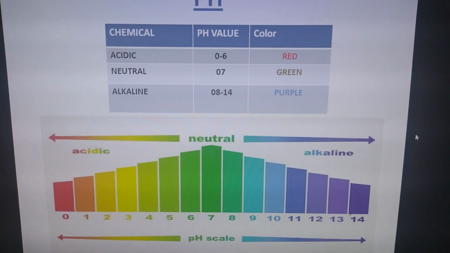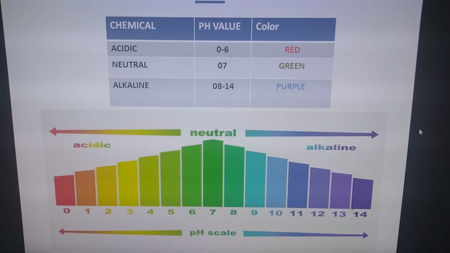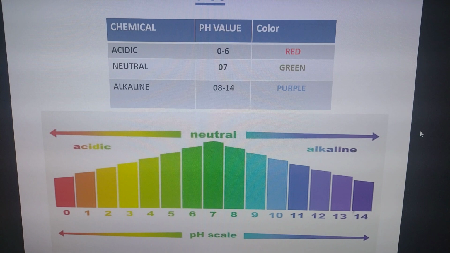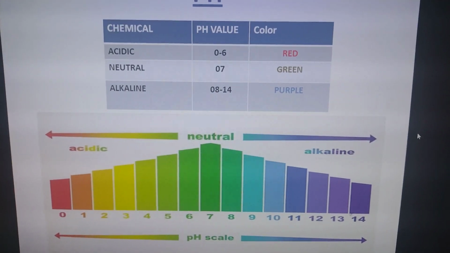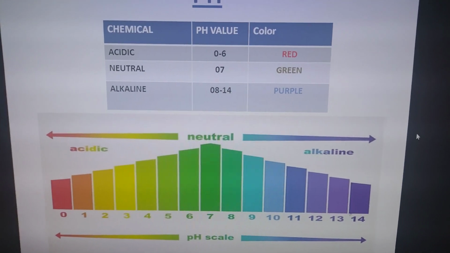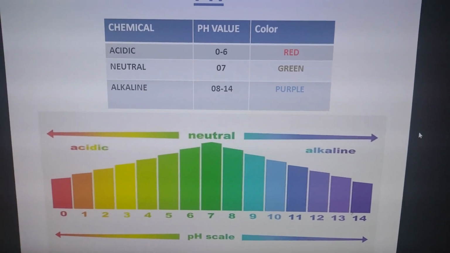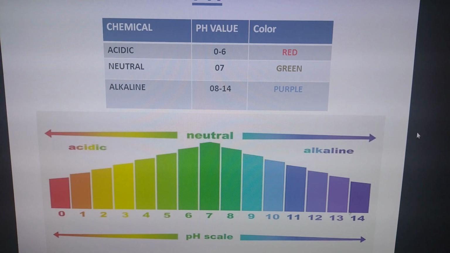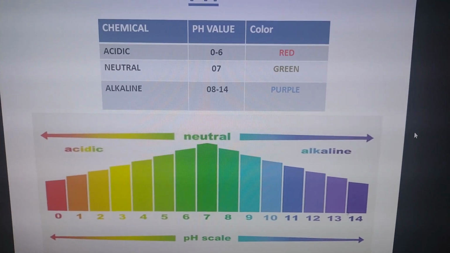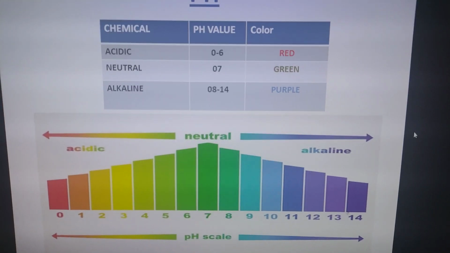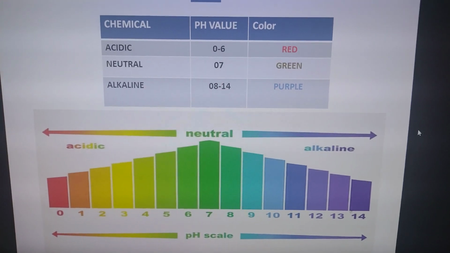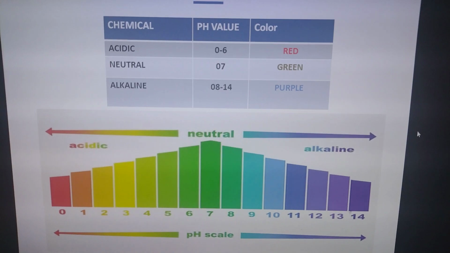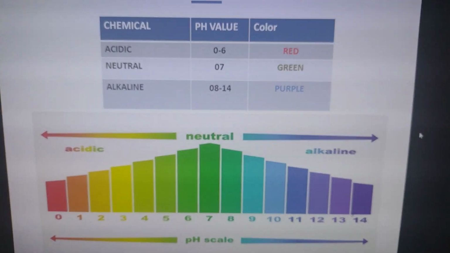Here on the scale, for your easy understanding, you can see 0 to 5 and 6 are acidic. As the scale goes down, the acidity of the chemical increases further, and as the scale goes up, the alkalinity of the chemical increases further.